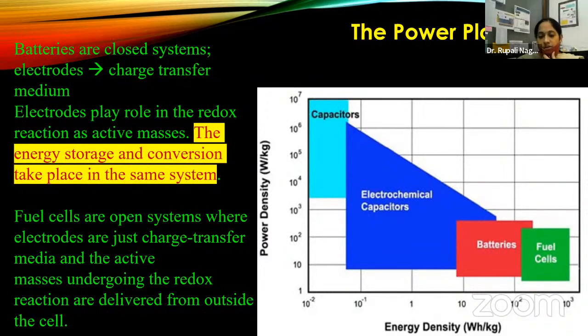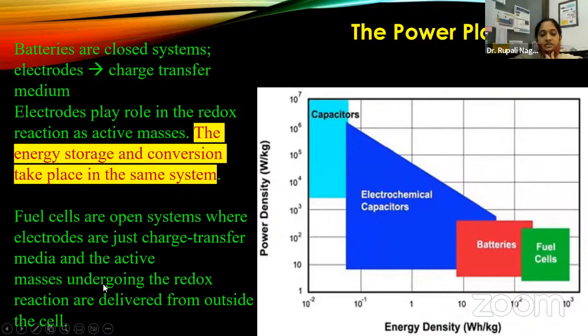Whereas if you look at the fuel cells, you can have provision of providing the fuels externally, and these are open systems. So whenever you turn on the supply of the fuel, the energy conversion will take place, and when you shut off the supply, you will not have any energy conversion taking place.